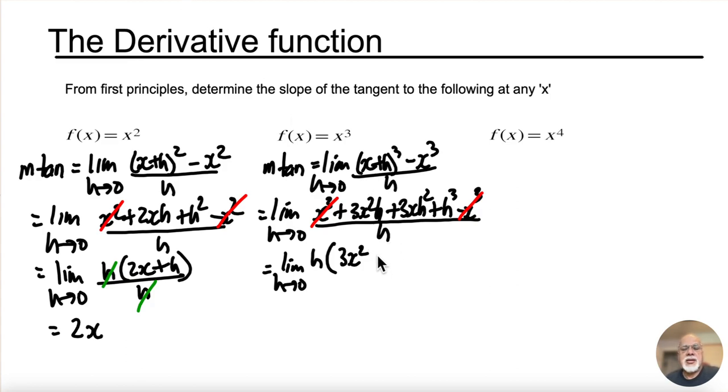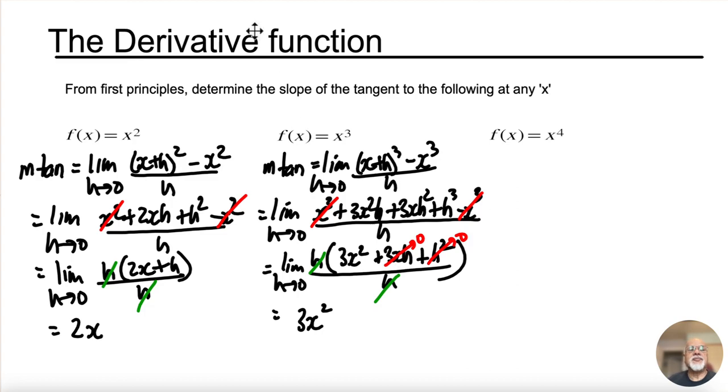And then plus 3xh, because the h is gone, plus an h squared. This is all over h. The h's cancel. And we end up with, as h goes to 0, just 3x squared, because this term will go to 0, and this term will go to 0 as h goes to 0.